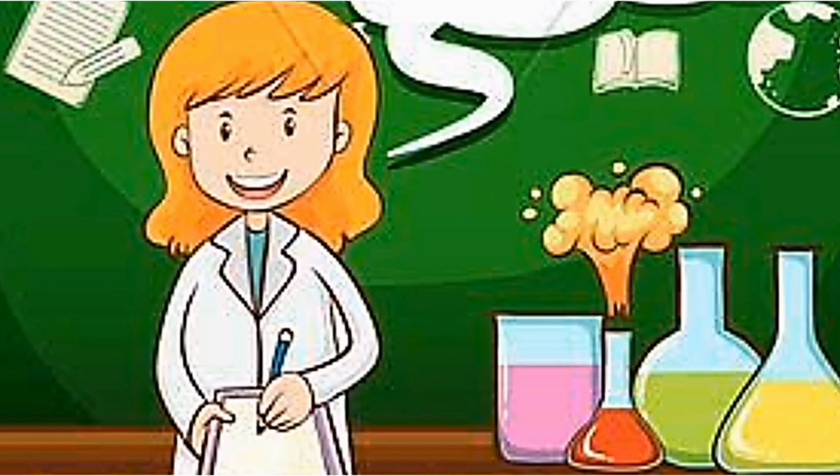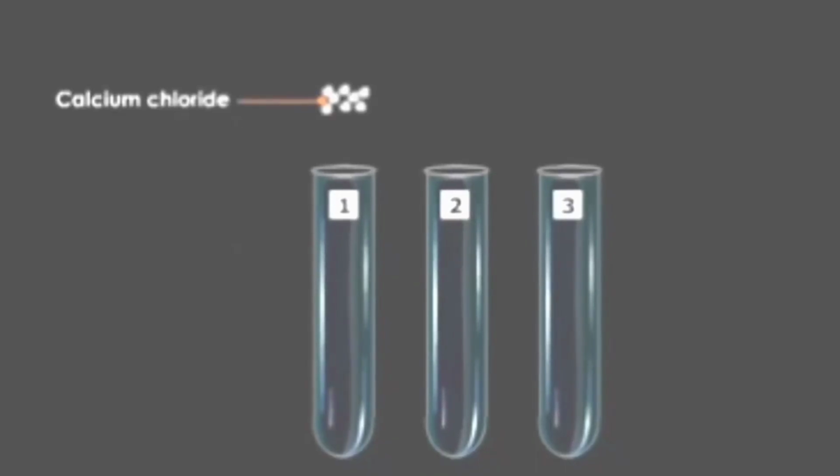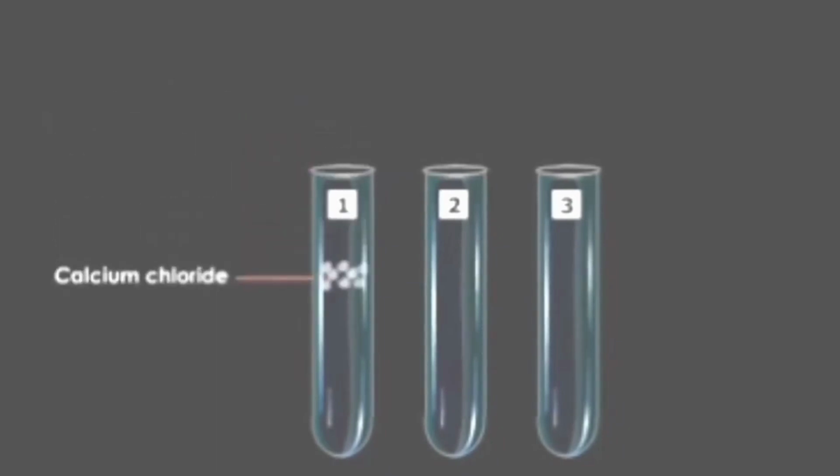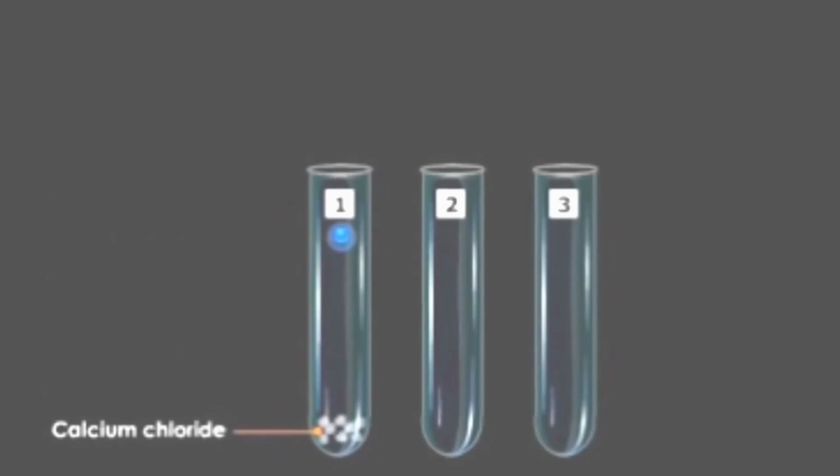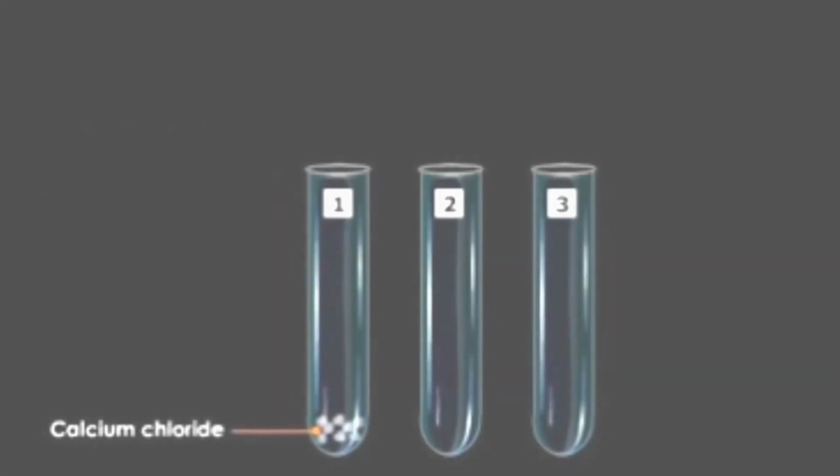Here, we have taken 3 test tubes and numbered them as 1, 2, and 3. In the first test tube, we have given a small amount of calcium chloride so that it helps to dry the air.